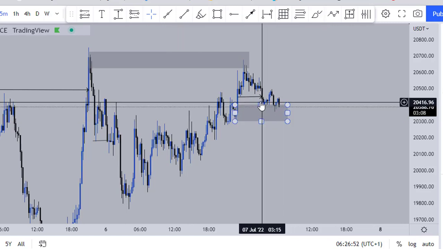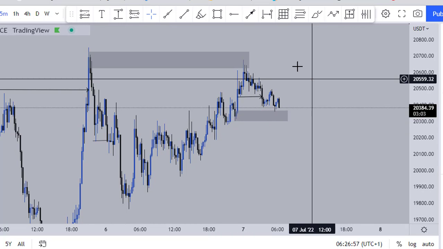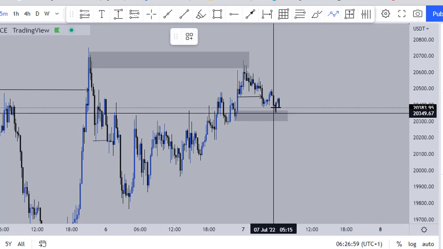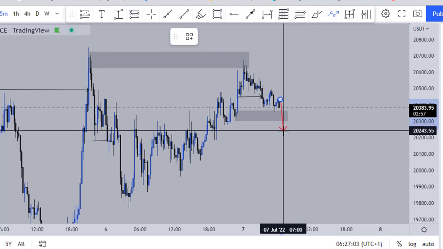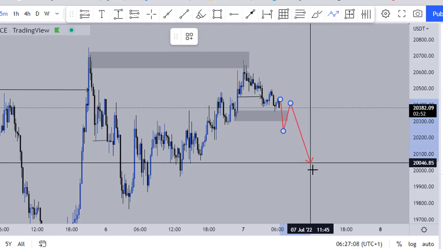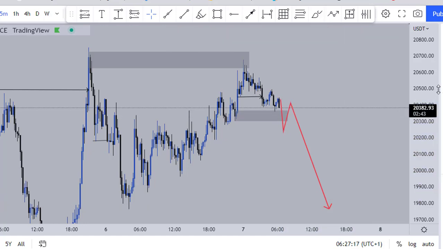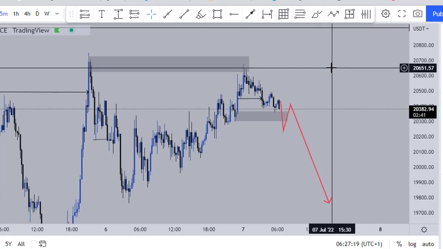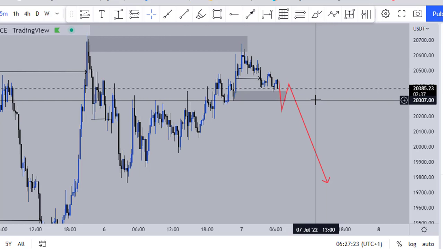I'm looking forward to seeing the market take out this low. If the market takes out this higher low with a body close like this, I'm expecting a 50% pullback here, and then the market going to the downside. This is the first possible trade I'm going to be taking, but that will be when we break that particular structure, signifying that the bears are taking control of the market.